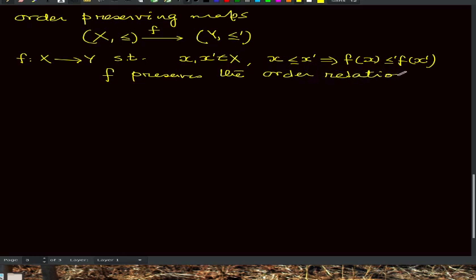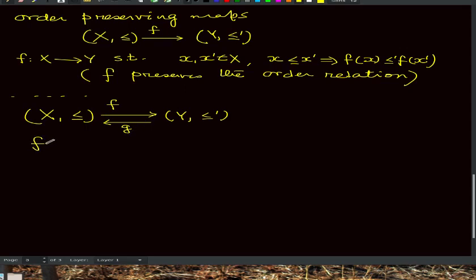Right? Now, if you have two such partially ordered sets and order preserving maps such that f composed g is identity of x and g composed f is identity of y, which means as functions f and g are bijections and g is the inverse of f.